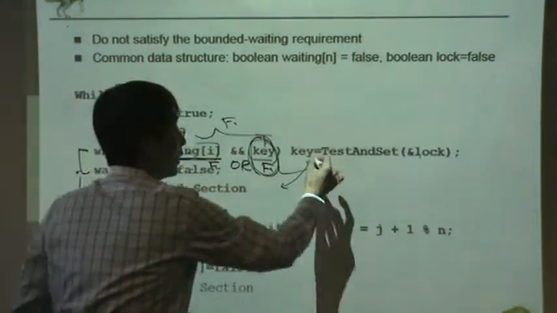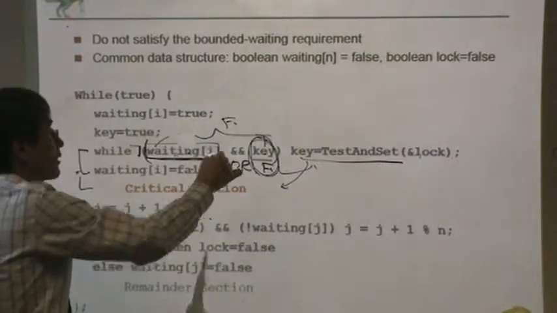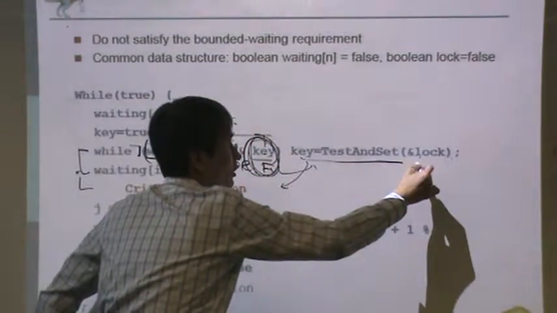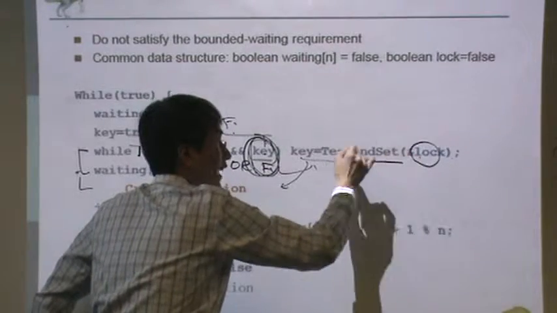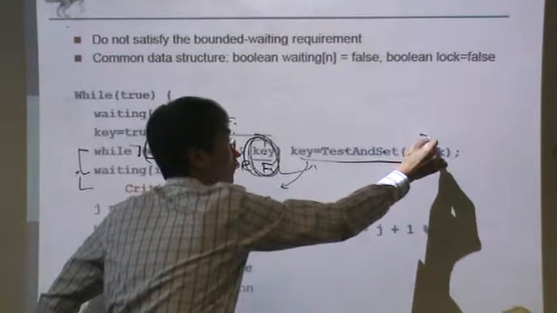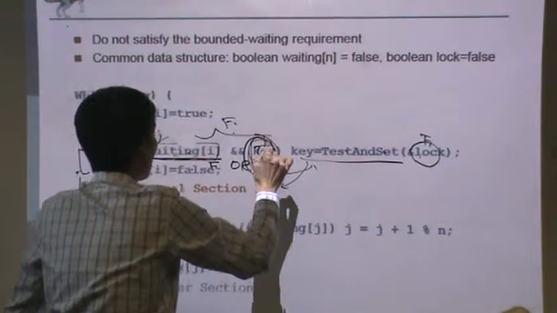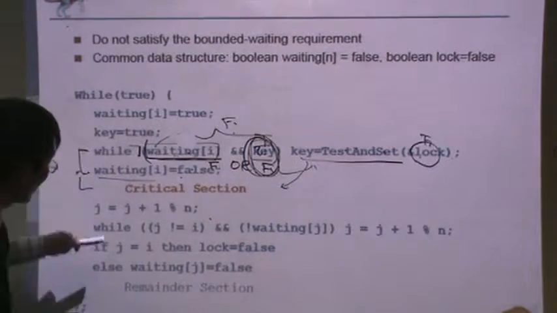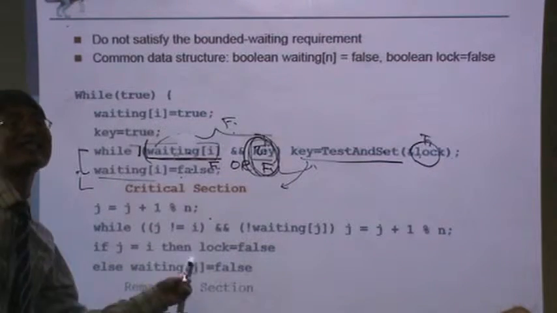Using test and set is the same as the previous one. If the lock is false, it will be changed to true, then waiting[i] is false. We are no longer waiting. This part is used in the exit section.